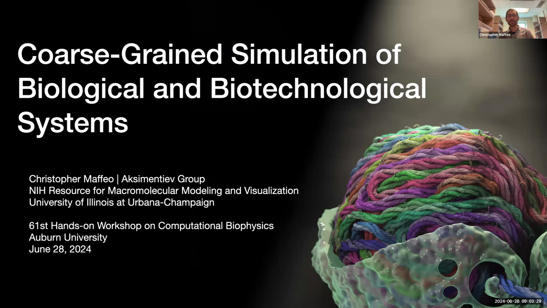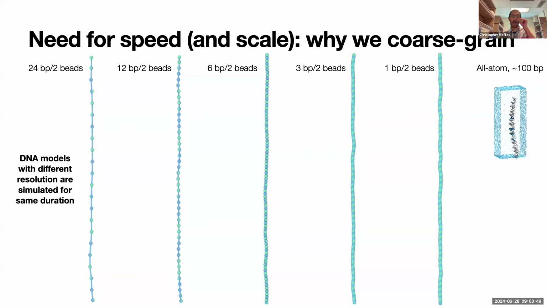So today I'll be talking to you about performing coarse-grained simulations of both biological and not so biological systems. First, this kind of work is generally motivated by a desire to run simulations more quickly.